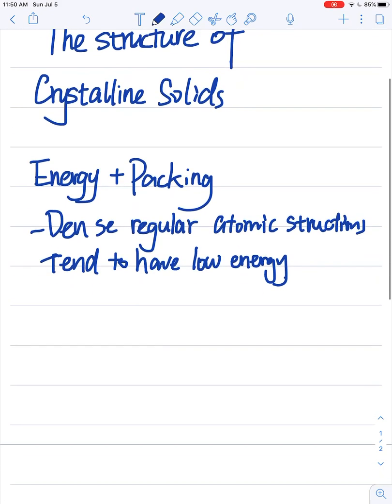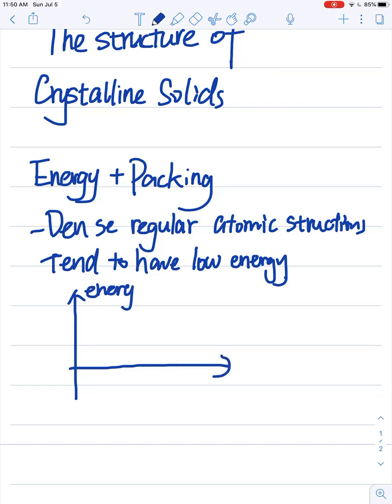So we can look at this energy and packing by drawing a diagram that shows energy, and R, on the horizontal direction, which represents the distance between atoms.